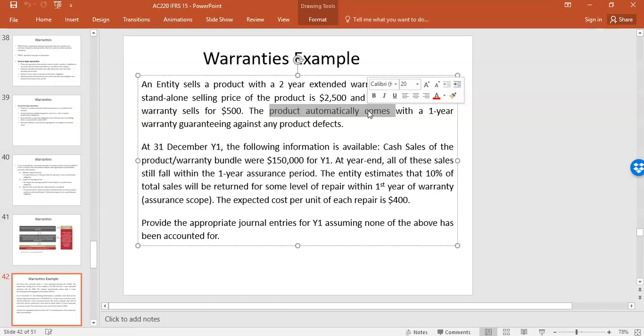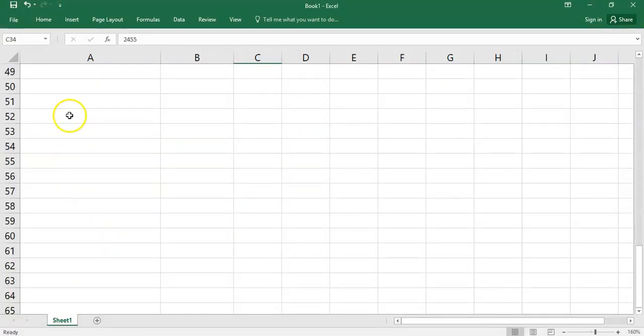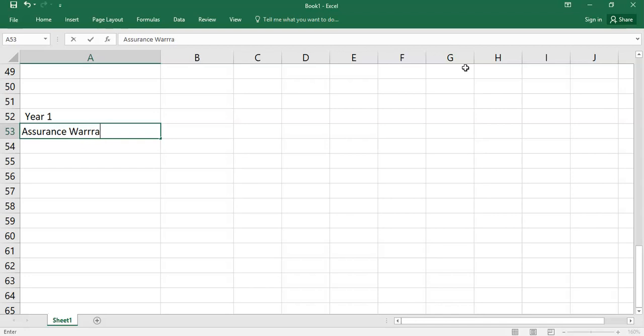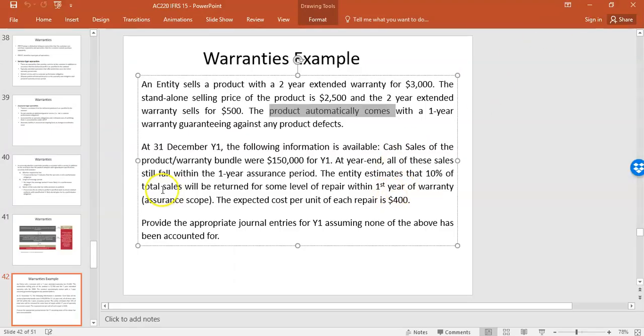It's really just part of the overall product. And how you do that is, in year 1, the assurance warranty is for the first year, and you're told 10% of units, or total sales, are expected to be returned for some level of repair, and the cost per unit of each repair is 400.